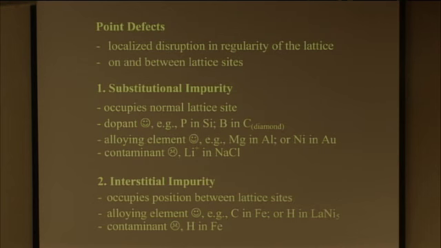Here's another example of an interstitial impurity. This one is not an alloying element, it's a contaminant. So hydrogen, but this time in iron, right? Hydrogen in lanthanum nickel 5 is good, we want to store it. Hydrogen in iron is bad because it actually degrades the mechanical properties of the iron. Unlike carbon, which gives us steel, which is good, if you put hydrogen in, it embrittles it.